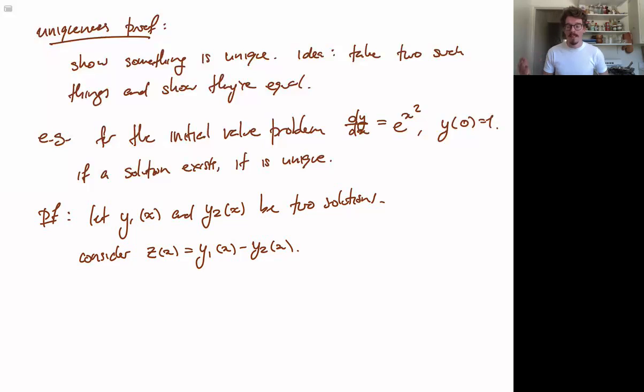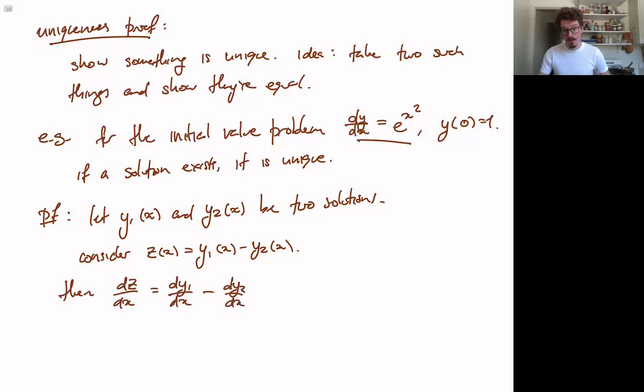And now what do we know about z of x? We know its derivative, and we know its initial value. So what is dz/dx? It is dy1/dx minus dy2/dx. But we've assumed that y1 and y2 are solutions to the same initial value problem.